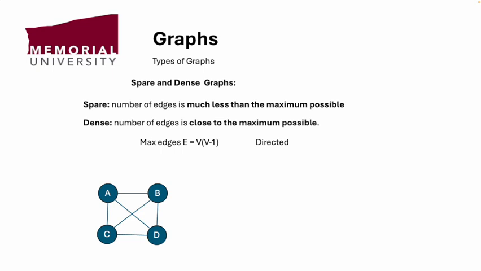So for A, how many edges can I have? Six, 1, 2, 3 times 2. For B, the same thing, and C to B, all the same. So how do we calculate it? 6 is equal to V minus 1 times V, because we don't count the vertex itself.